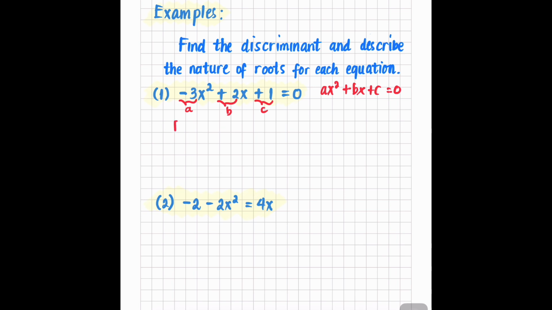And then we're ready to calculate the discriminant by applying the formula d is equal to b squared minus 4ac. Then plug in b squared, so b is positive 2, so 2 squared, minus 4 times a is negative 3, and c is positive 1. So make sure to check the substitution.